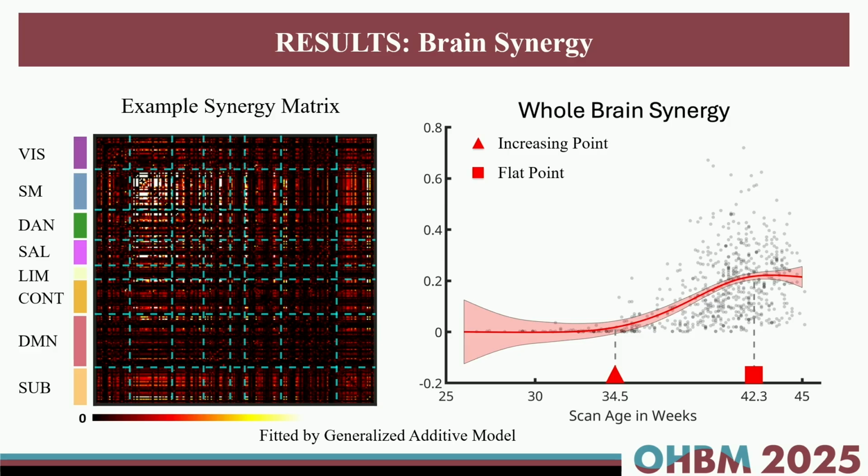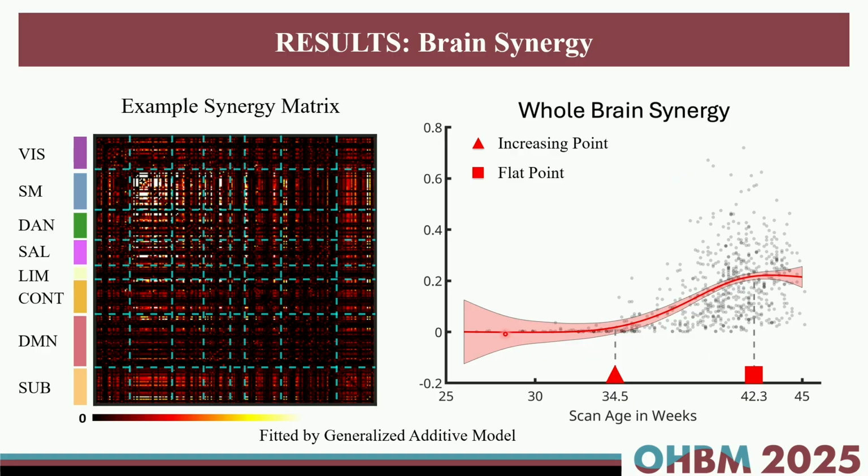Here is an example. On the left of the slide is the example matrix of synergy from a subject scan at 34 weeks. As we can see, at a very young age, synergetic interactions across the whole brain are generally very low, except within the sensory-motor network. When we look at the developmental trajectory of whole-brain synergy, we see a very clear pattern.